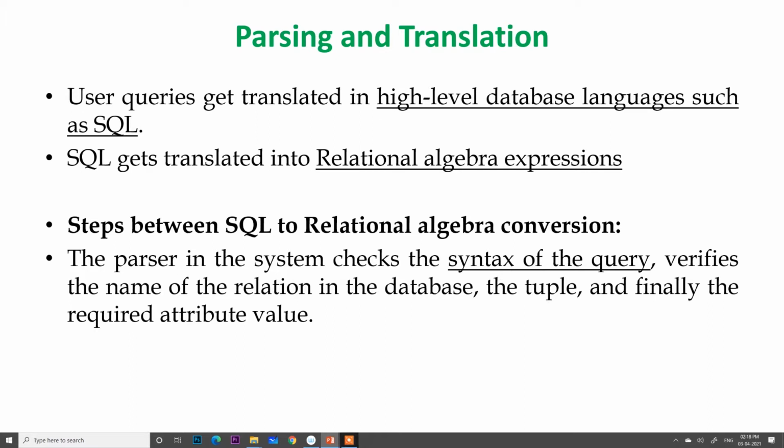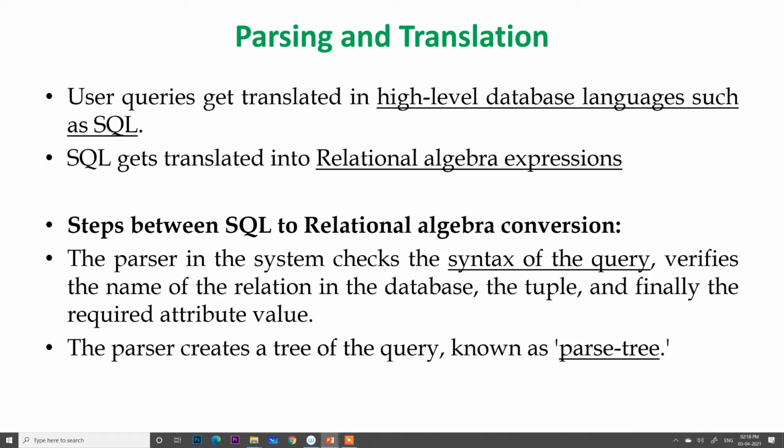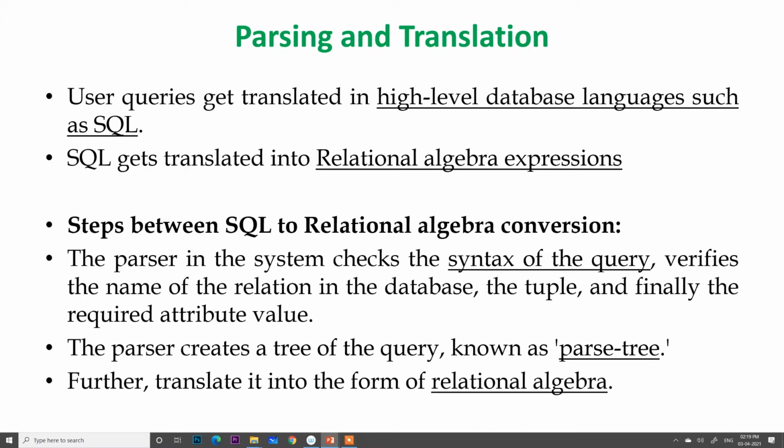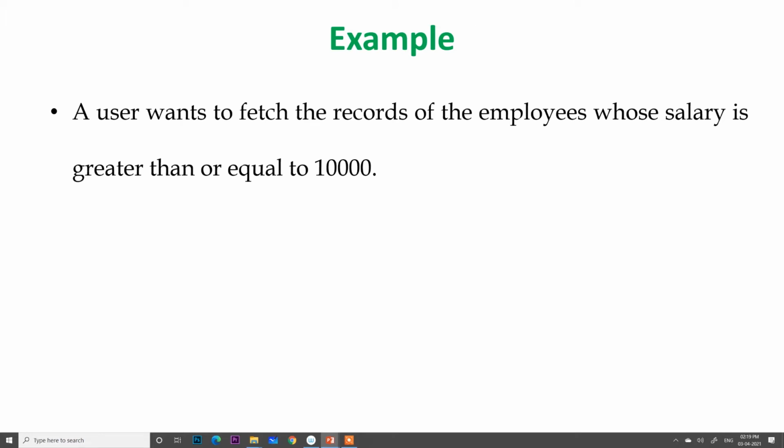That is, it will verify whether the name of the relation in the database, the tuples, and finally the required attribute values are present or not. Next, it will create a tree of the query called the parse tree, which is used for execution. Thus it is further translated into a relational algebra expression.